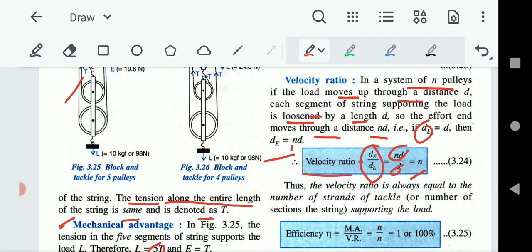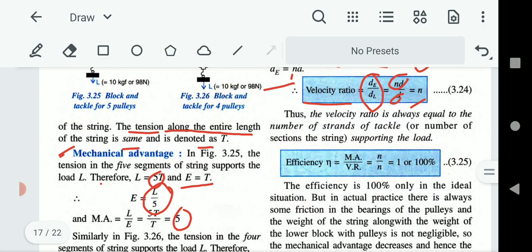So what we can see here is that the mechanical advantage and velocity ratio are both n, that is, the number of pulleys is the determining factor in a block and tackle system. Now the efficiency is mechanical advantage by velocity ratio. So mechanical advantage is n and velocity ratio is only n, that's why it's 100%, or 1.